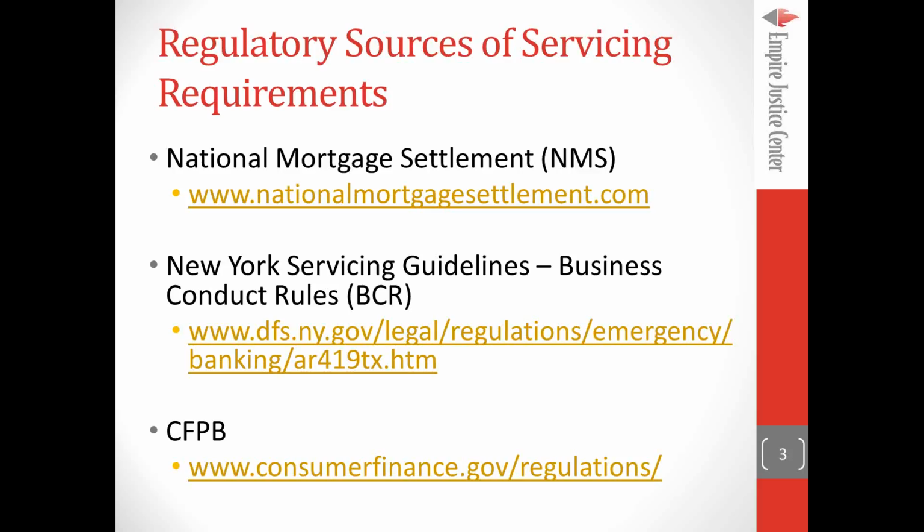This is your starting point to understand when a national mortgage settlement servicer is in violation of some of these standards: Citi, Chase, Bank of America, Wells, GMAC, Ally. And if you don't know the standards, you really won't know when there is a violation of one of the big five.